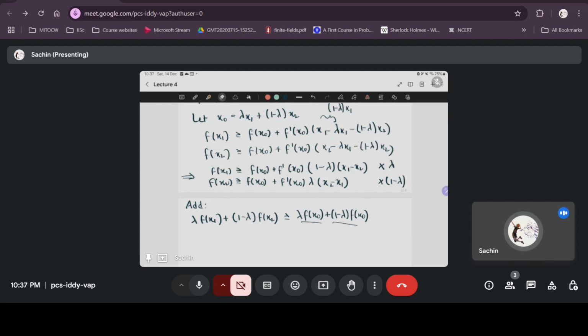So you'll be left with just f of x0, plus you have f prime of x0 into 1 minus lambda into lambda times x1 minus x2, the first inequality. In the second inequality, you have the same thing with x2 minus x1. So those two terms will also cancel out. So you'll be left with only lambda f of x1 plus 1 minus lambda f of x2 is greater than or equal to f of x0, where x0 is lambda x1 plus 1 minus lambda x2.